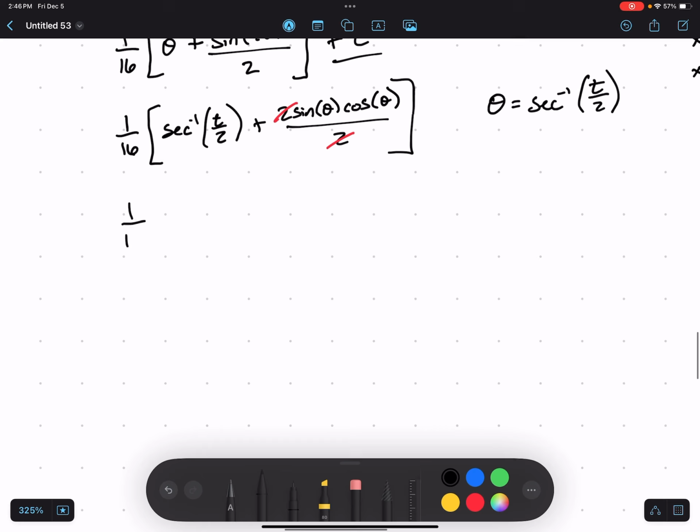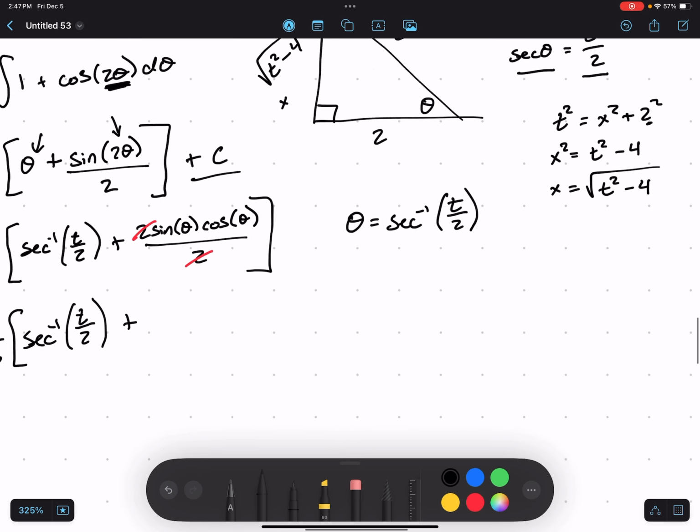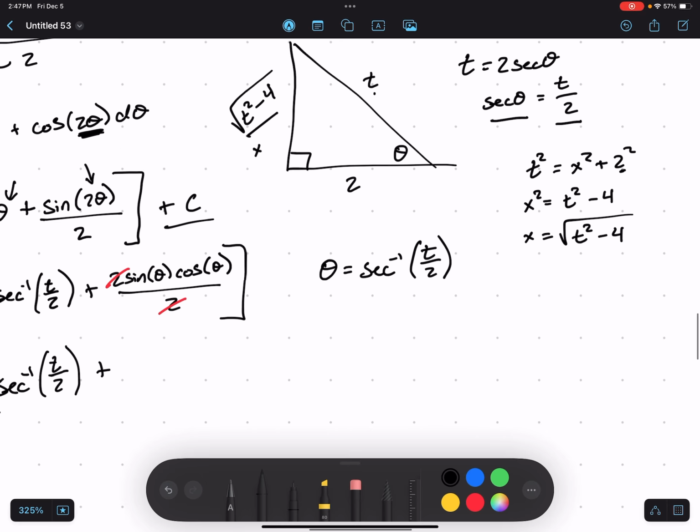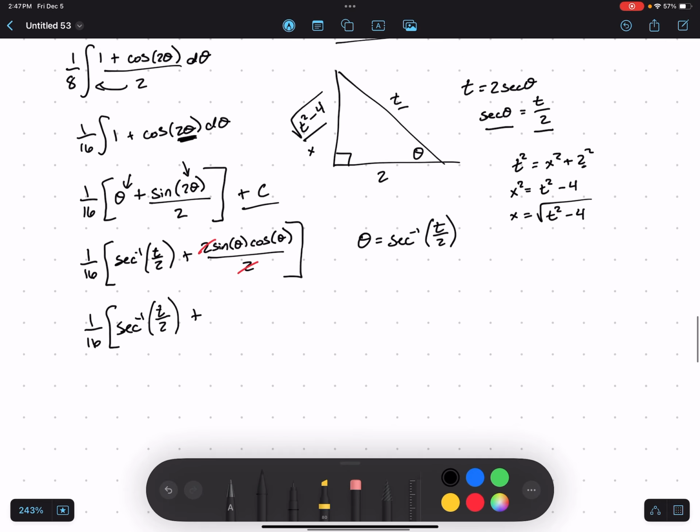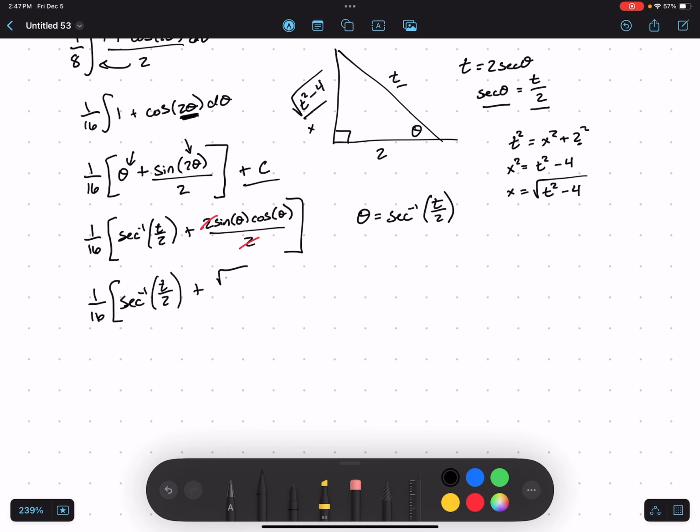So we can bring this down, 1/16 secant inverse t over 2 plus sine of theta is this over that, is opposite over hypotenuse. So it's going to be the square root of t squared minus 4 over t times cosine theta, which is adjacent over hypotenuse, which is 2 over t.